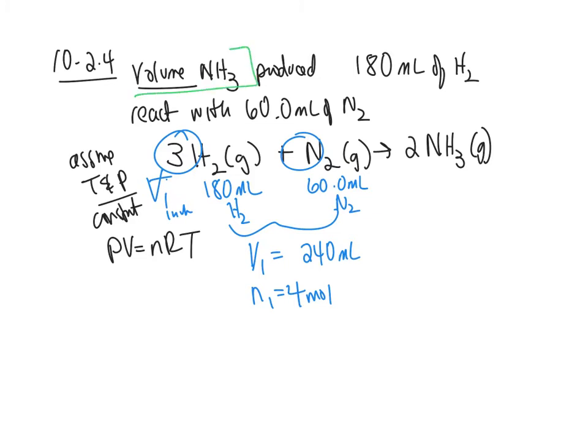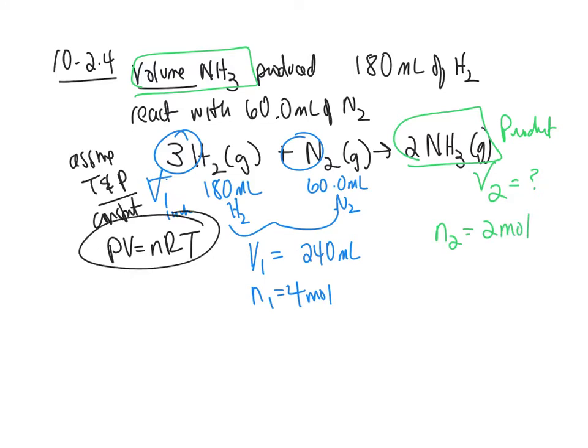Now, it asks for the volume of the ammonia, the product. And so this is going to be V2, and we're going to solve for that. But how many moles do you have? You have 2 moles. So this is that Avogadro's relationship. So here we have PV equals nRT. Let's solve for R divided by NT.